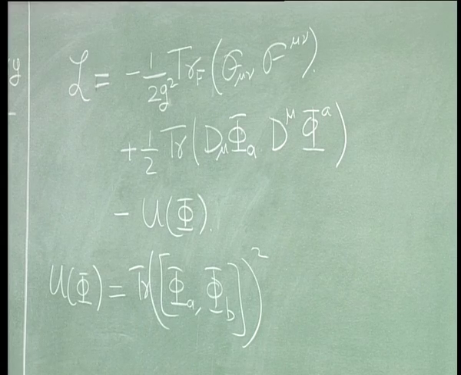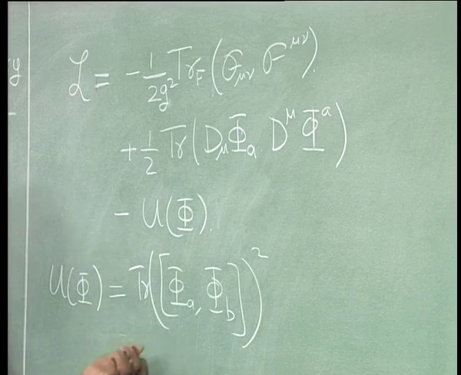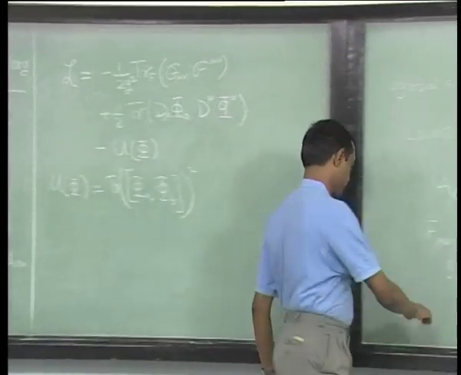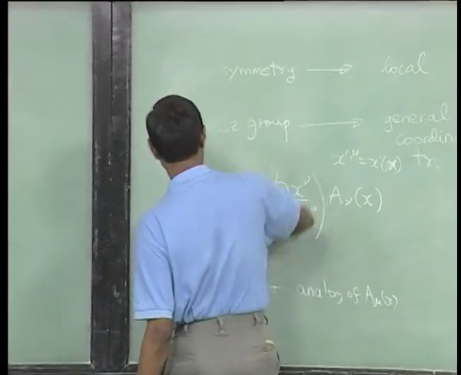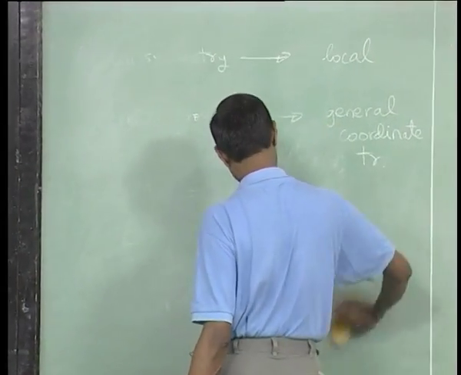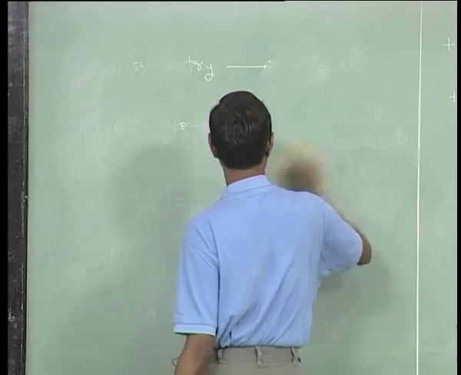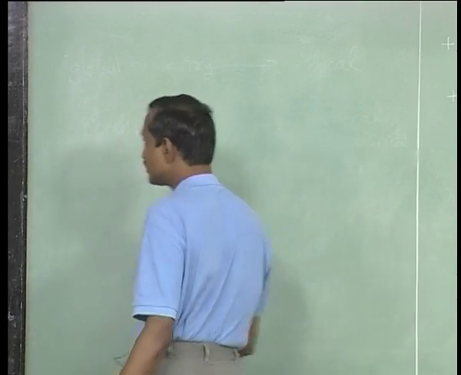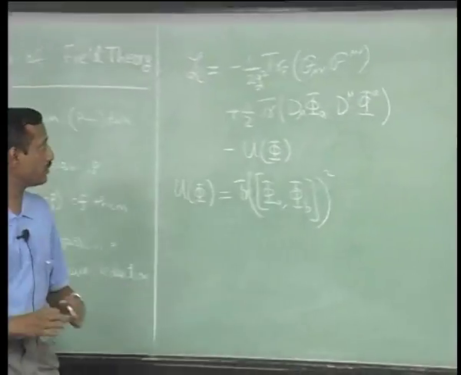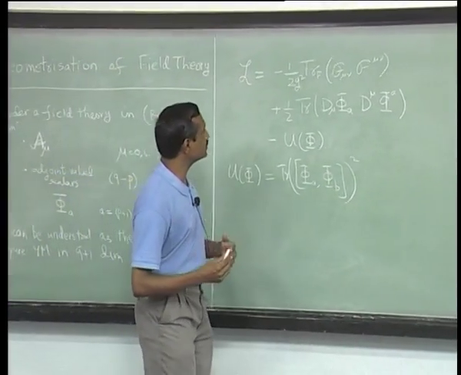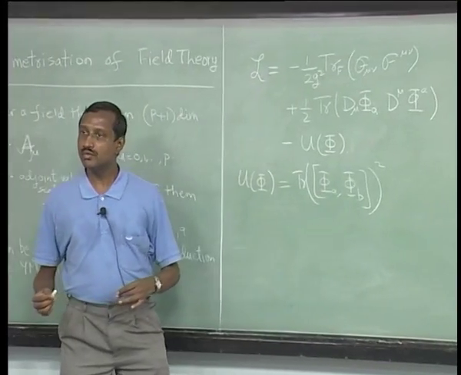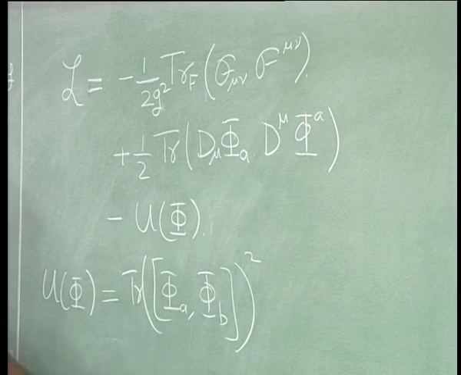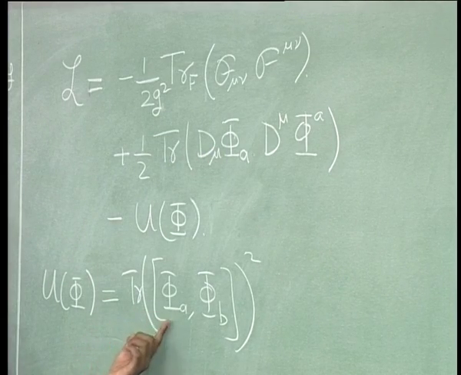Okay. So now let us go ahead and try to analyze the ground states of this theory. The ground state would obviously be when, like we did in the other case, all the gauge fields are 0 and the fields are also time independent, so these just become matrices. Okay.